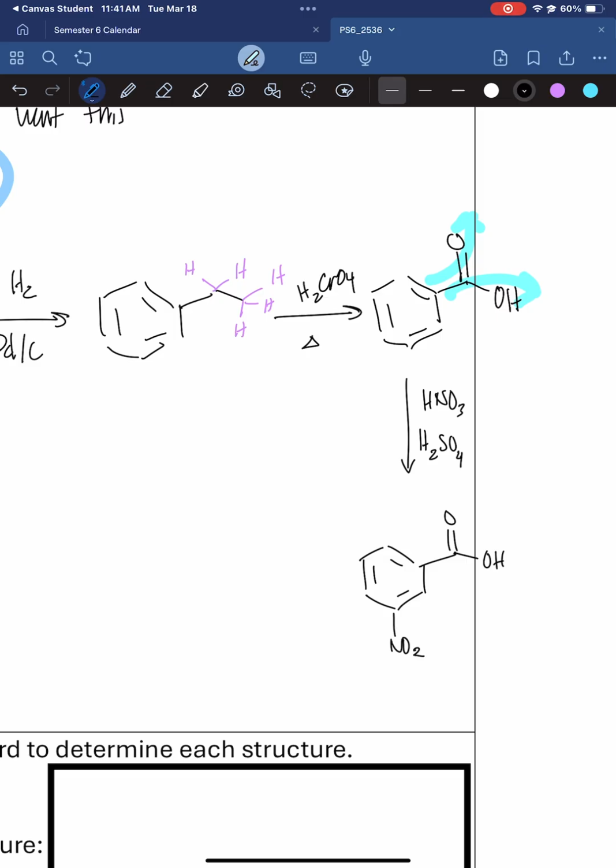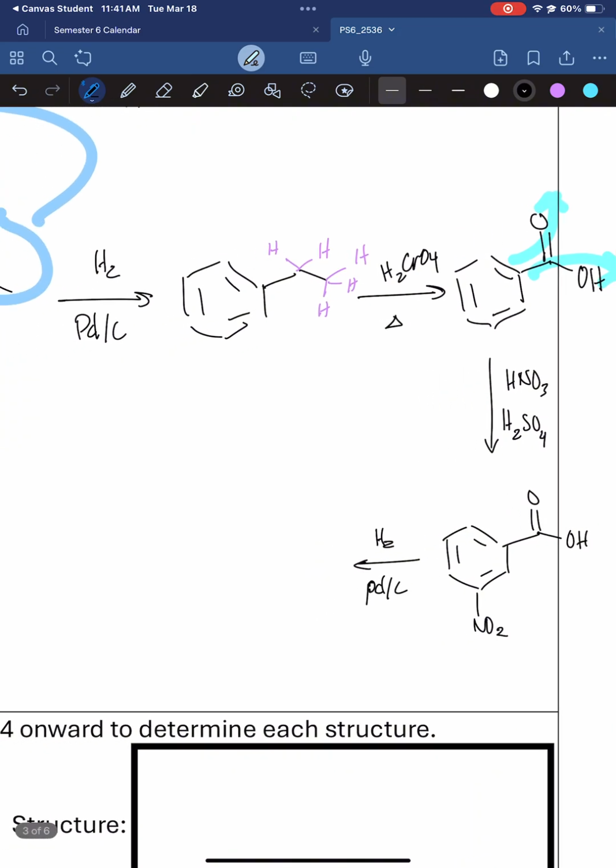Okay, and the next step I would do is we want to ultimately use one of our diazonium salt reactions, right? So we're going to reduce this with H2, Pd on C, one of my favorite reactions because it's the GOAT.